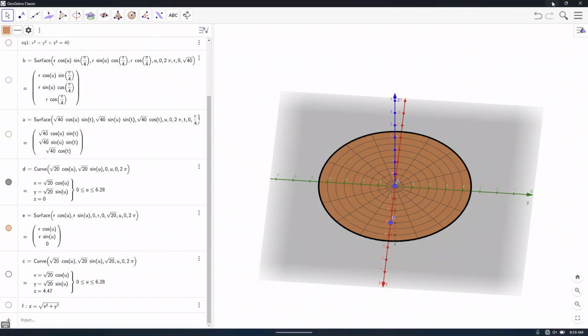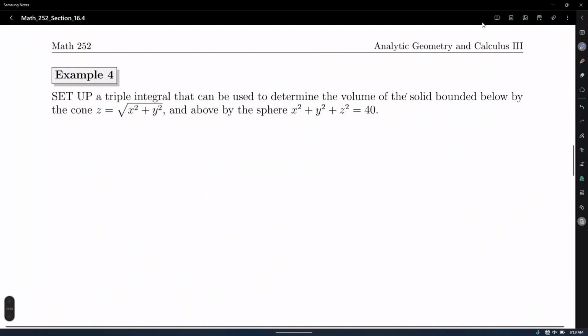So let's go ahead and do the algebra required so we can set the limits, because, well, you'll see why. So number 1, let's algebraically find the intersection curve between the cone and the sphere. That is, z squared equals 40 minus x squared minus y squared, and z equals the square root of x squared plus y squared.